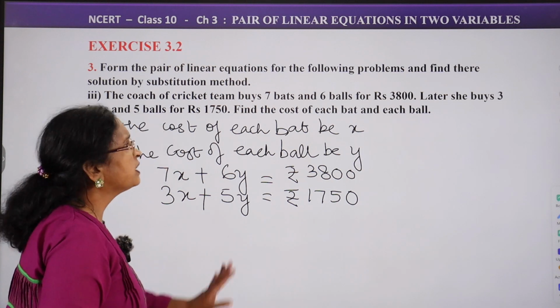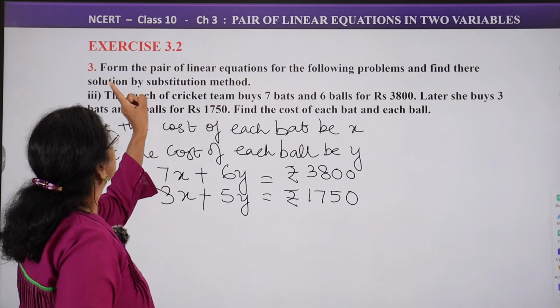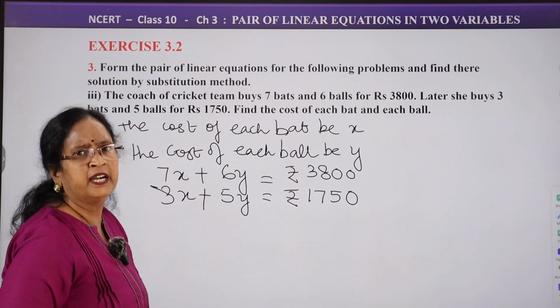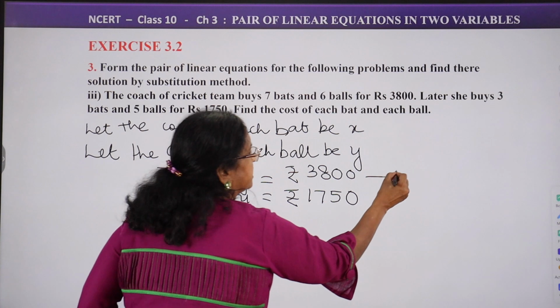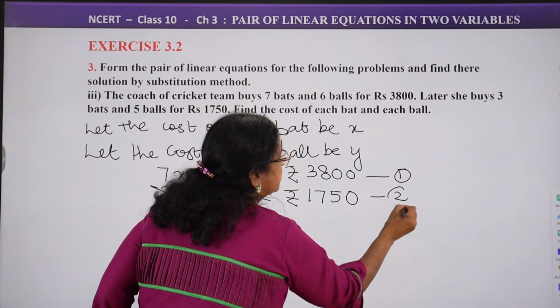Done? So the first thing is over, forming the pair of linear equations. We have already formed. This is 1, this is 2.